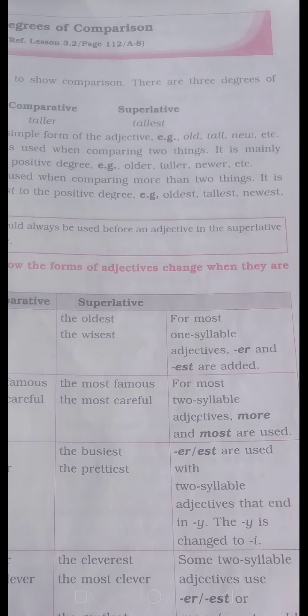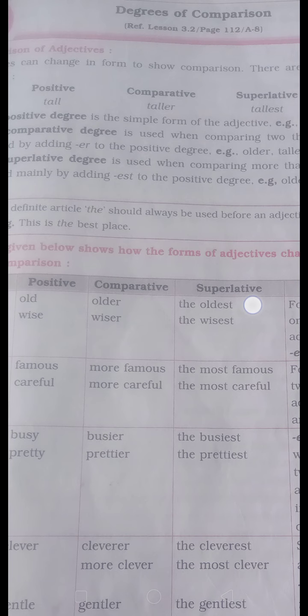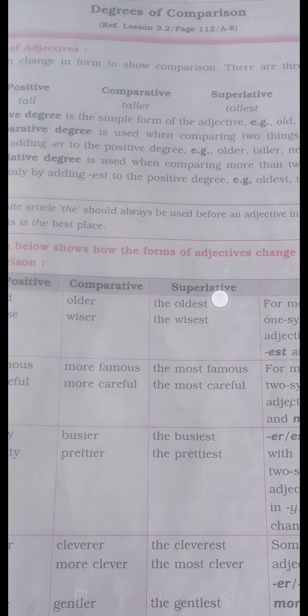If there are two or more syllables, we do not join er and est. For example, the word famous has two syllables, and that's why the comparative is more famous and the superlative is most famous.